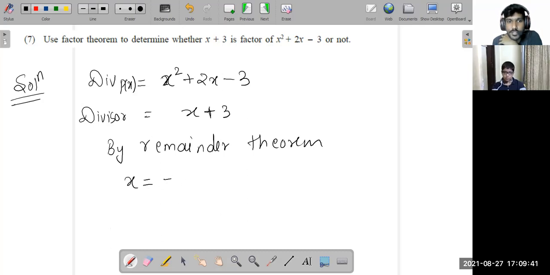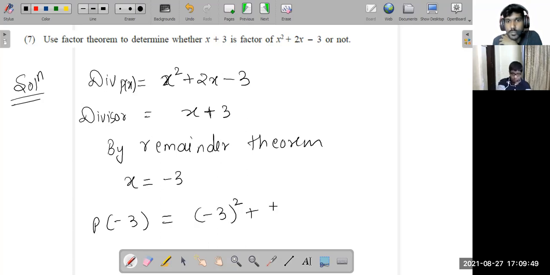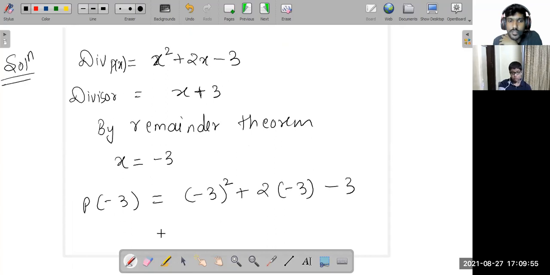Minus 3. So p of minus 3 is equal to x square, so minus 3 square plus 2 into minus 3 minus 3. Let's solve this. Minus 3 square is plus 9. 2 into minus 3 is minus 6, minus 3.